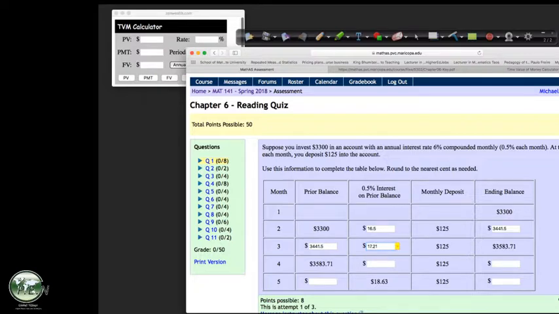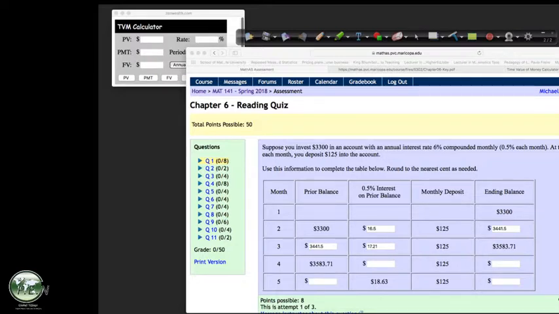And we're able to add all of these together. $3,441.50 plus 17.21 plus the $125 deposit.